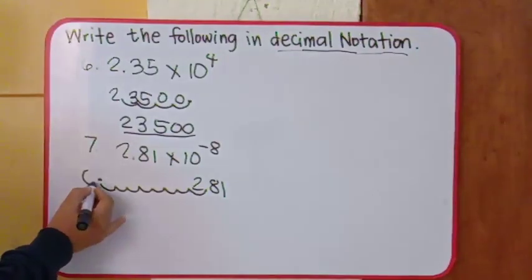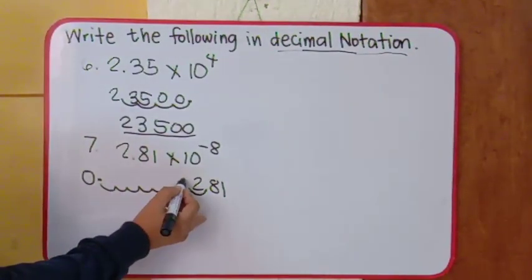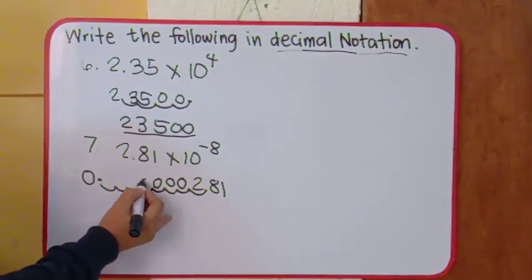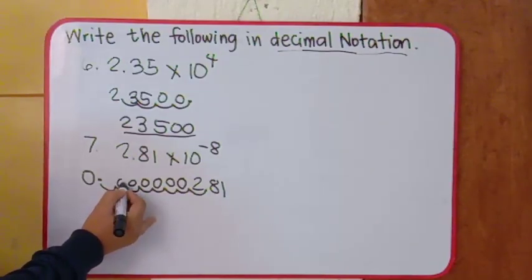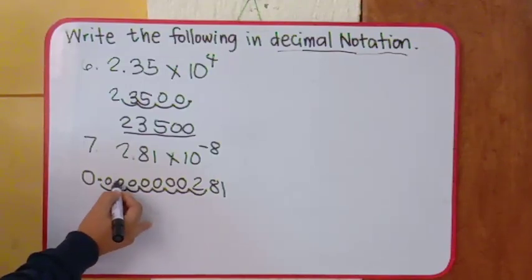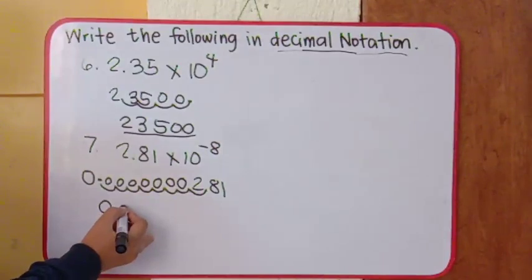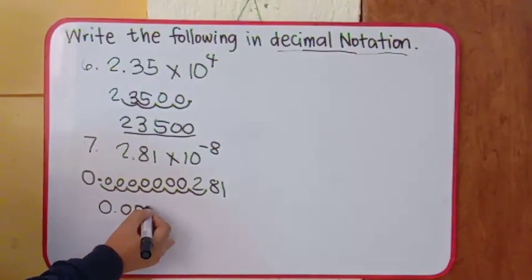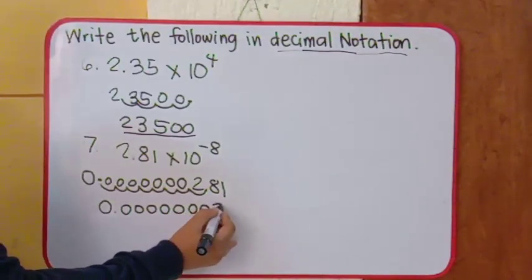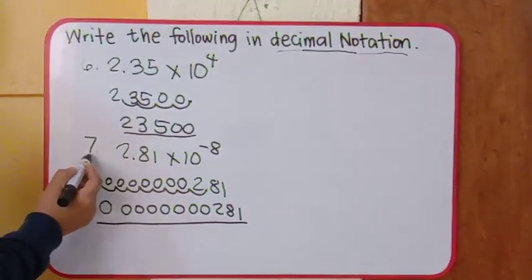So we just have to add 0 here, before the decimal point, and then put 0 on the spaces which are blank. So we have here 0. So how many zeros do we add? So 1, 2, 3, 4, 5, 6, 7. So 7 zeros. So we have here the final answer 0.0000000281. So this will be the answer for example number 7.